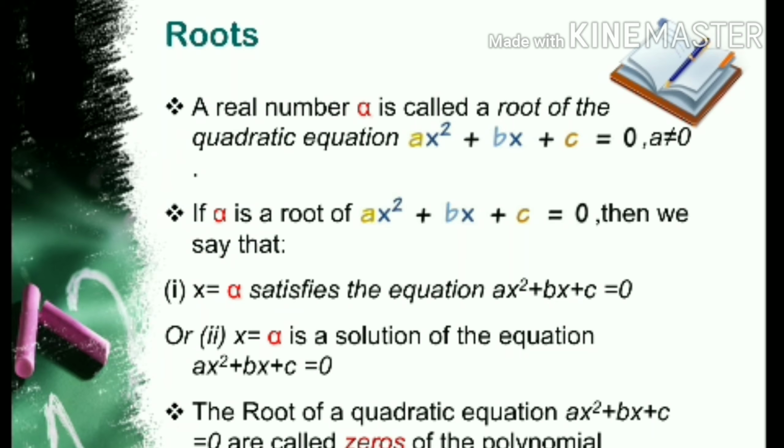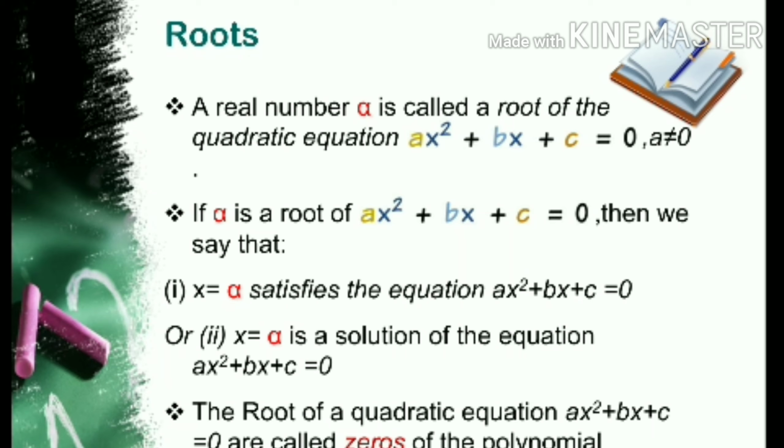It means alpha satisfies the equation ax square plus bx plus c is equal to 0. When we put the value alpha in place of x in the given equation, the LHS will be equal to the RHS. So we can say x is equal to alpha is a solution of the equation.